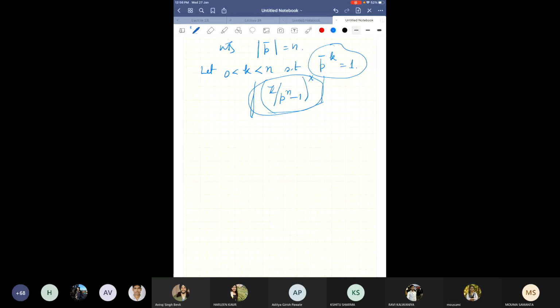Now, what is your argument that only p to the power n should be equal to 1? I didn't get that part. Yeah, so if p bar to the power k is equal to 1, then in that case I am having that p to the power k is strictly less than p to the power n minus 1, right?